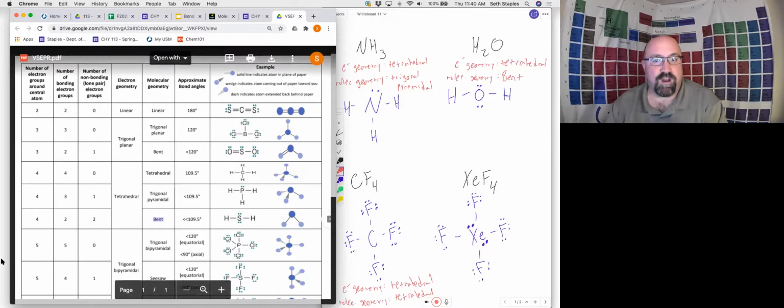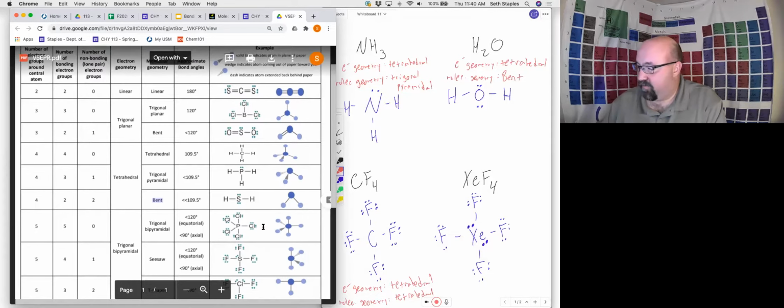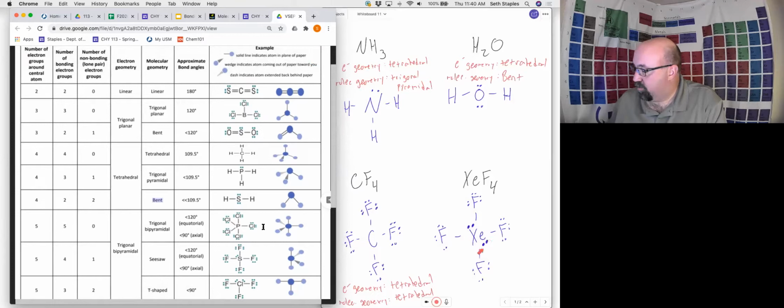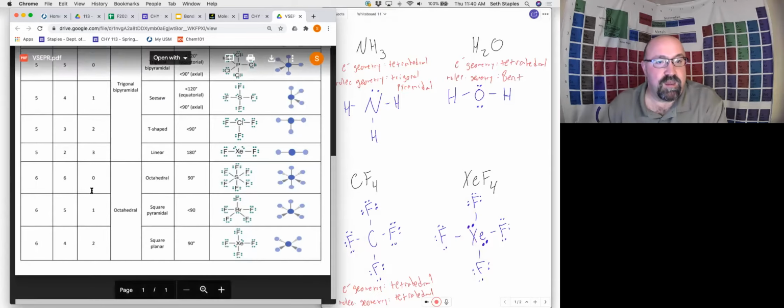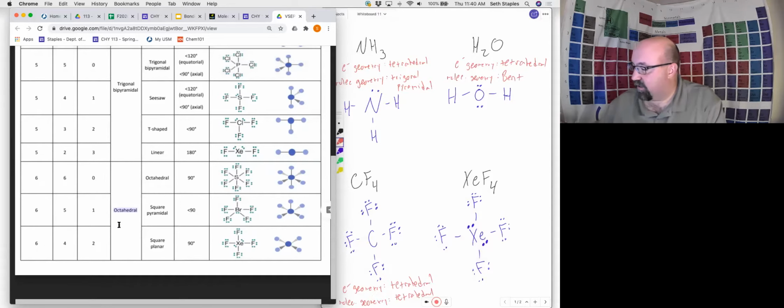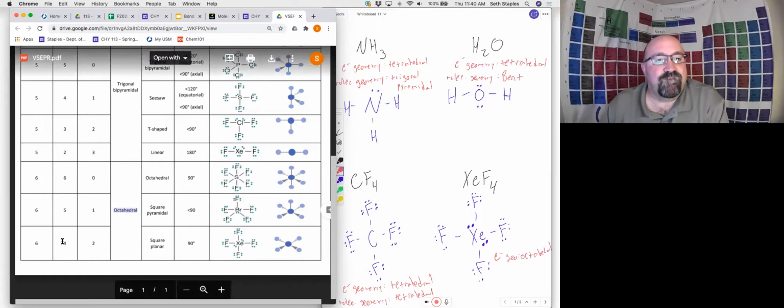Finally, xenon tetrafluoride. We have 1, 2, 3, 4, 5, 6 total domains. That tells us that our electron geometry must be octahedral now. 4 of those are bonding, 2 of those are non-bonding.